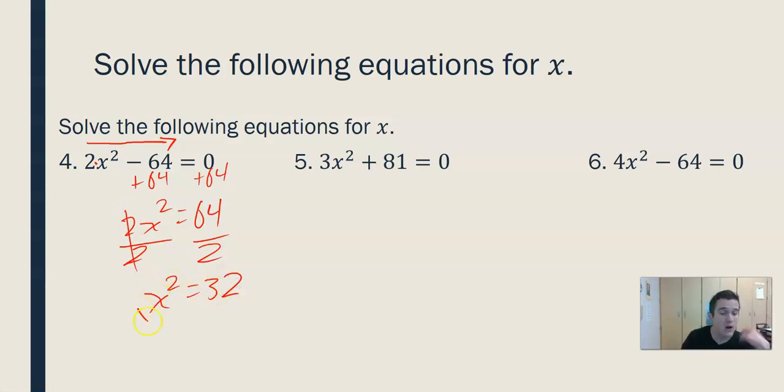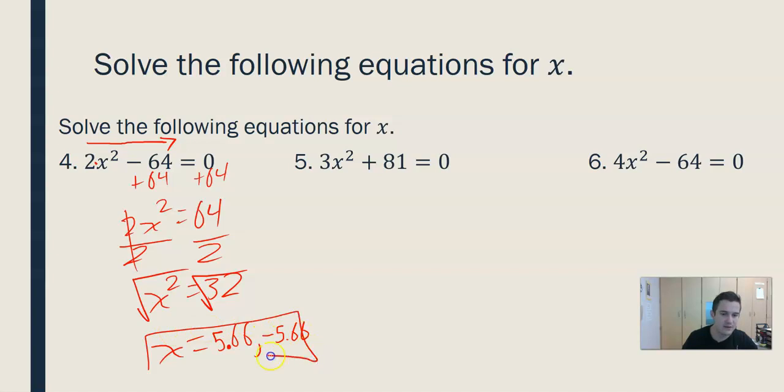Well, now I can square root both sides. The square root of 32, I just typed that on my calculator, I'm going to write it as a decimal, is 5.66. But it will also be negative 5.66.